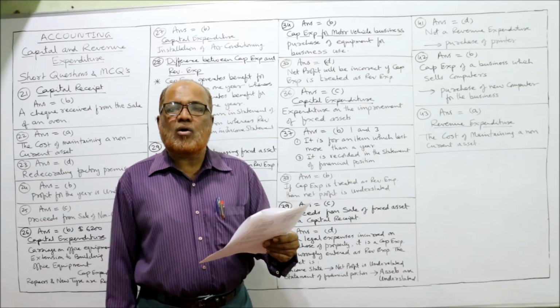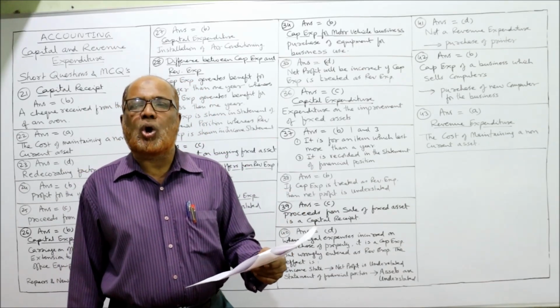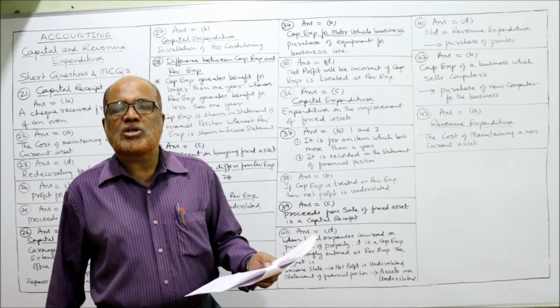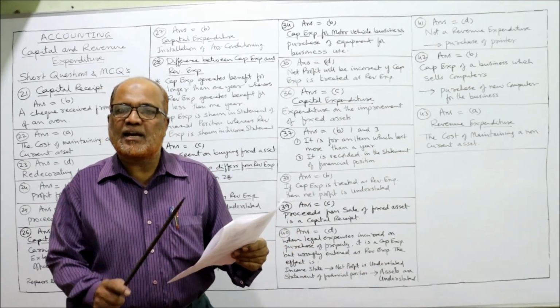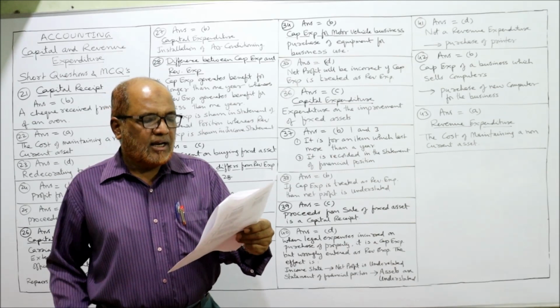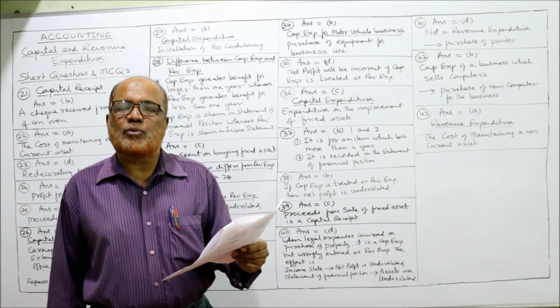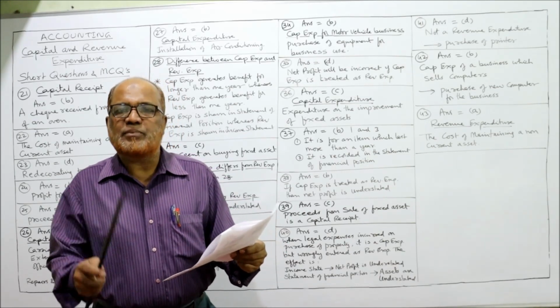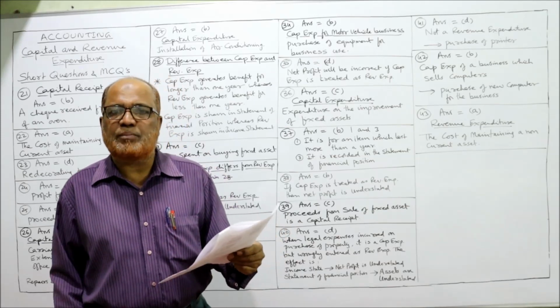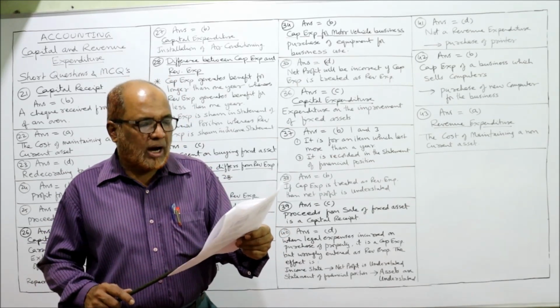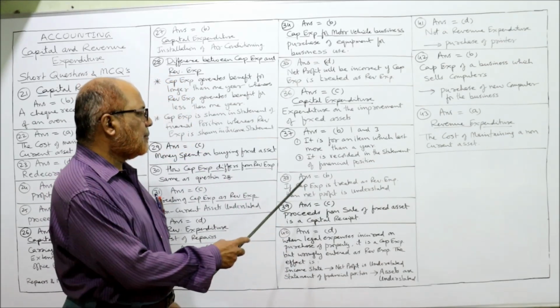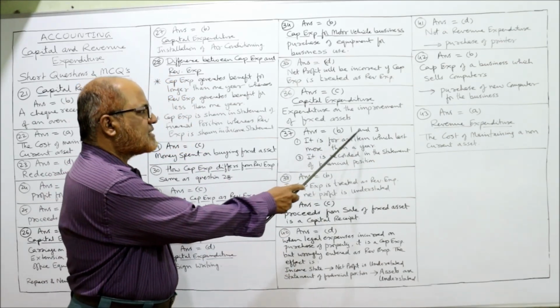Second, it is recorded in the income statement. Wrong. Capital expenditure will not be recorded in the income statement. The second statement is incorrect. Third, it is recorded in the statement of financial position. Right. Capital expenditure will be recorded in the financial statements. So out of the 3, 2 are correct, first and third. So answer is B.